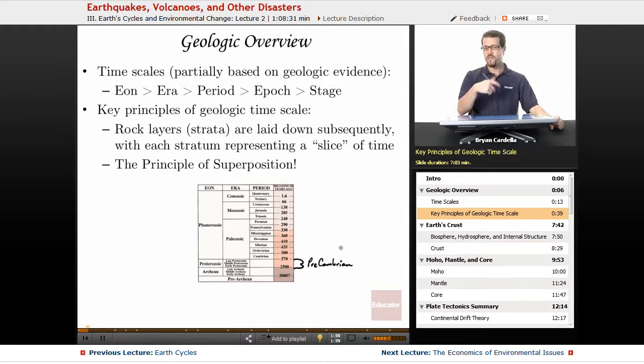When we go further back than about 500 million years ago, we're looking at primitive marine life. We're talking about very simple multicellular organisms and a lot of unicellular organisms.